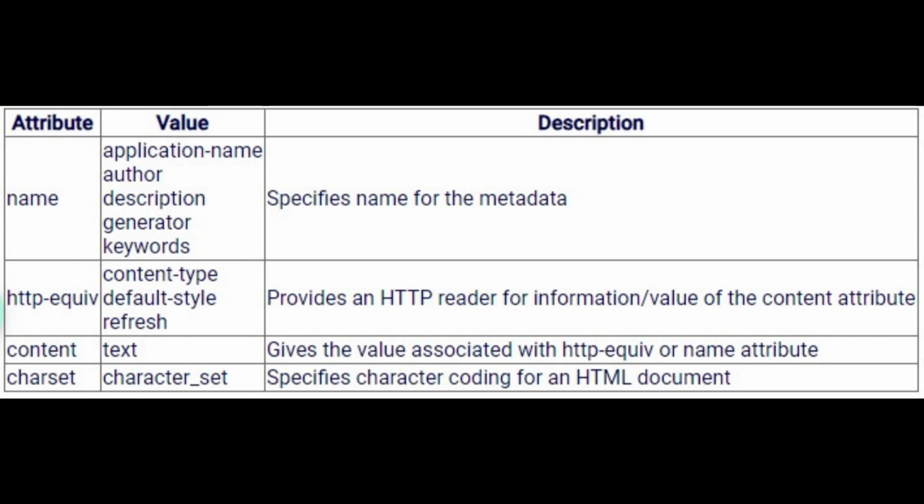Specifies name for the metadata. http-equiv: content-type, default-style, refresh. Provides an HTTP header for information value of the content attribute. Content: text. Gives the value associated with http-equiv or name attribute.